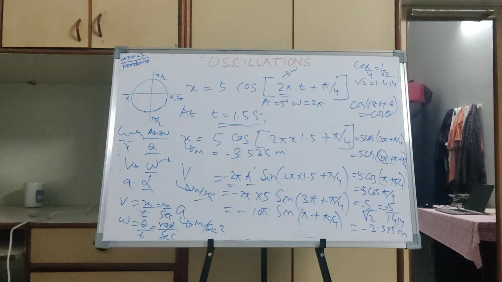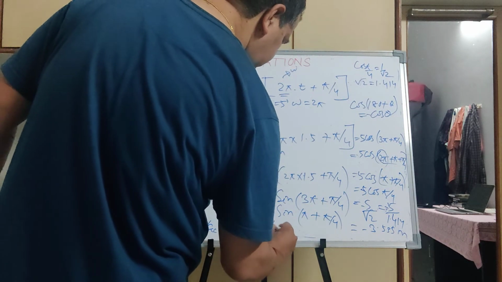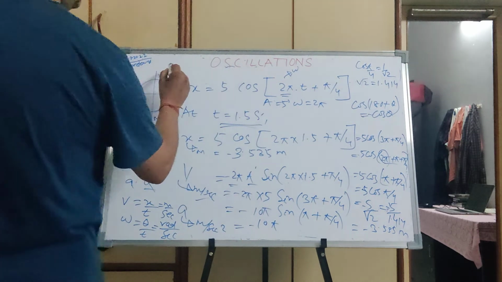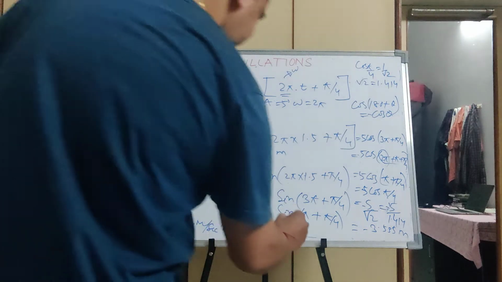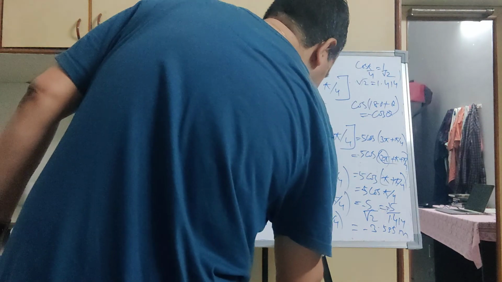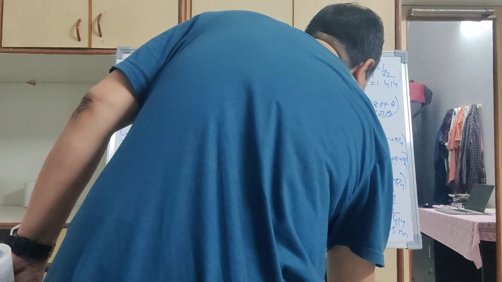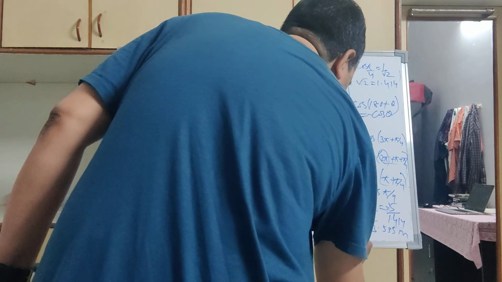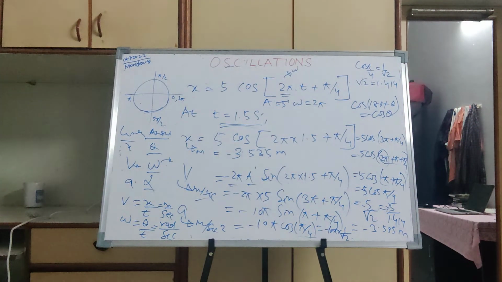So minus 10 pi into sine of 180 plus theta, which is minus sine theta, so it becomes cos pi by 4. So it will become minus 10 pi into cos pi by 4, which is 1 by root 2.